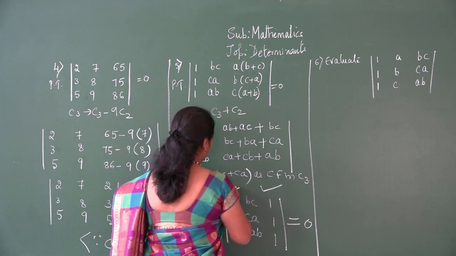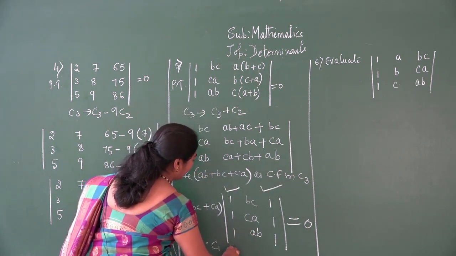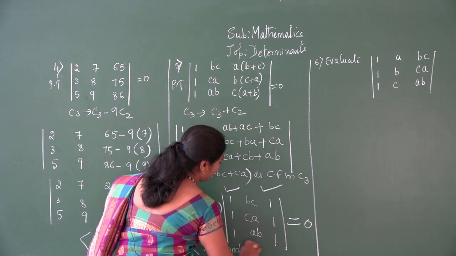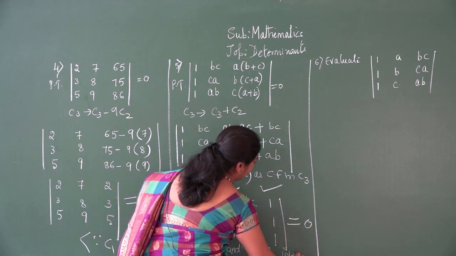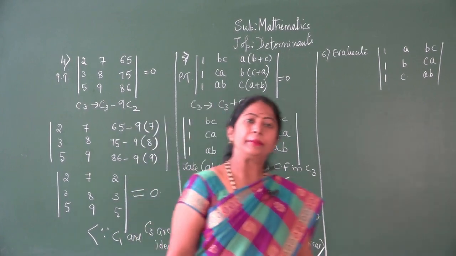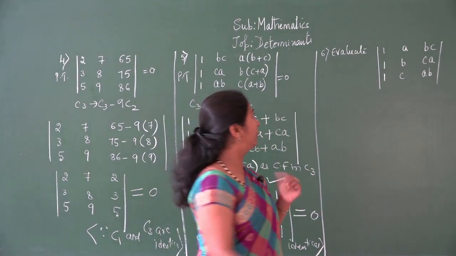These two are identical because C1 and C3 are identical. Since they are identical, the value of the determinant is equal to 0. Moving on to the next problem.